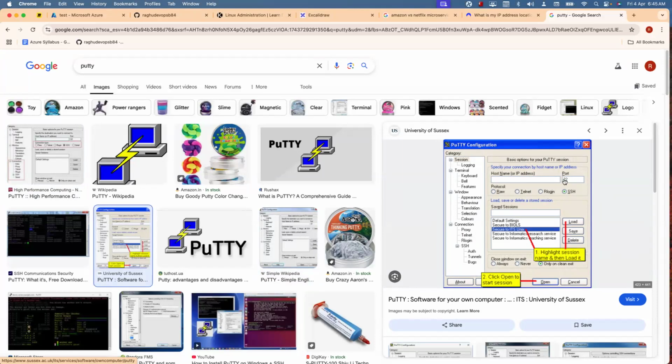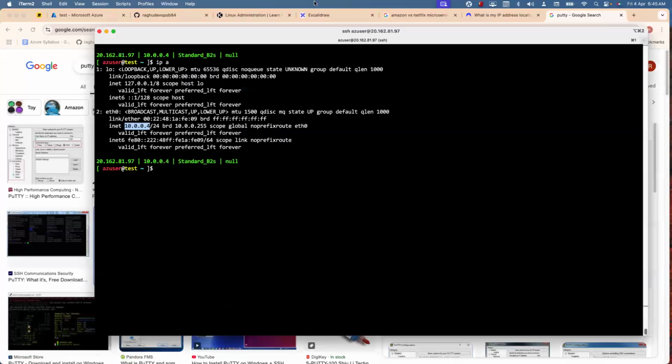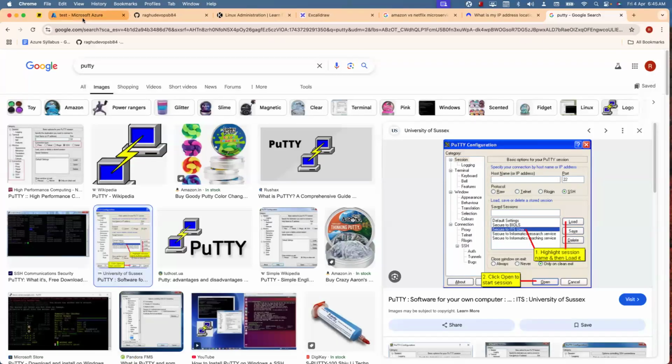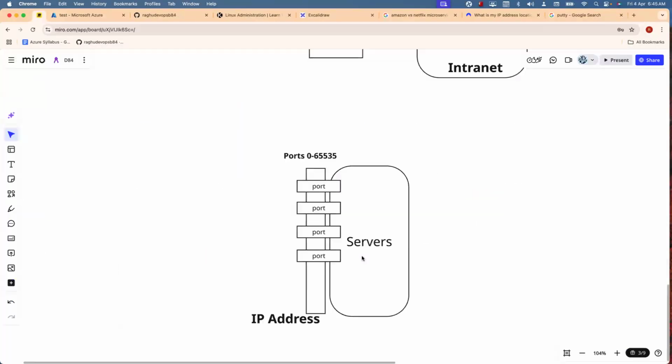So you're hitting that particular server over a given port number, for a particular service on that port. 22 is the default port number of SSH, and PuTTY is also giving 22. That's how you're able to reach the server over port 22.